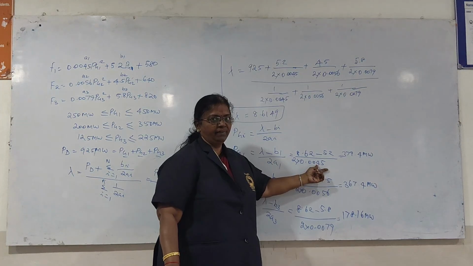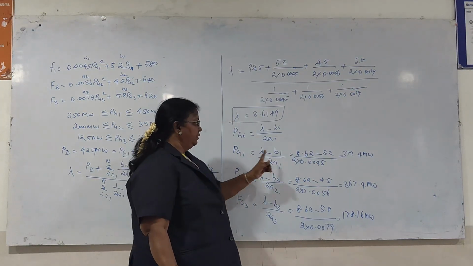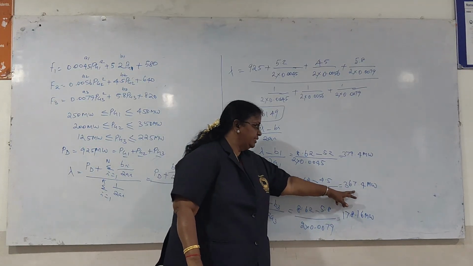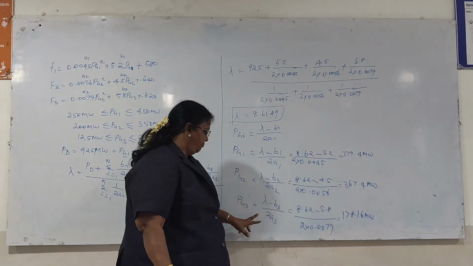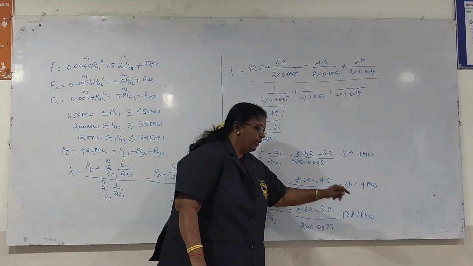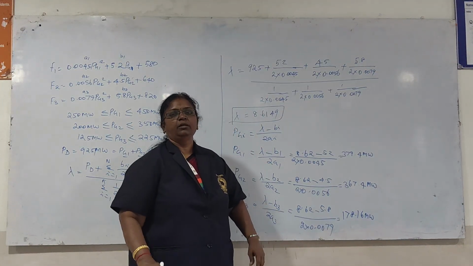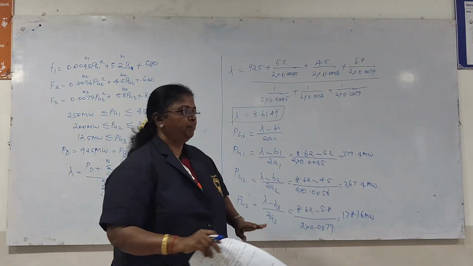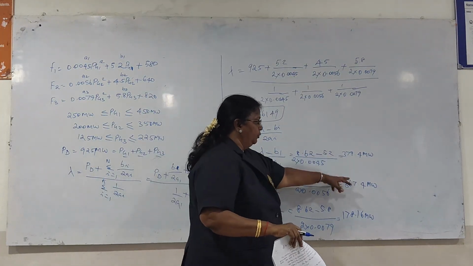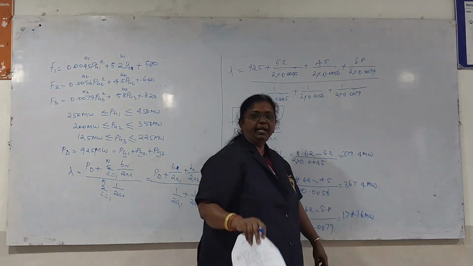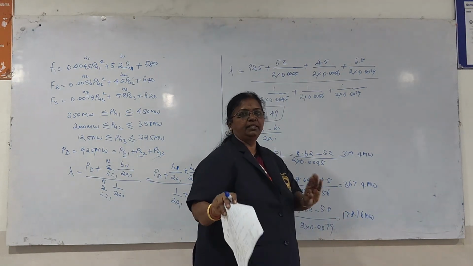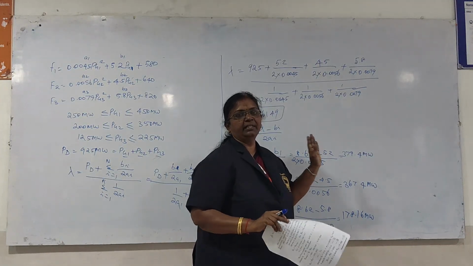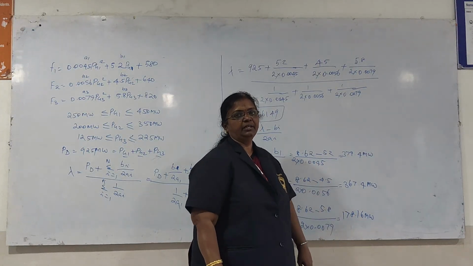So for Pg1 it's 379.4, Pg2 it's 367.4, then for Pg3 you got 178. So we got the values for Pg1, Pg2 and Pg3. If you add these three values, surely you will get 925. That is the total load. So the generators are perfectly giving the generation.